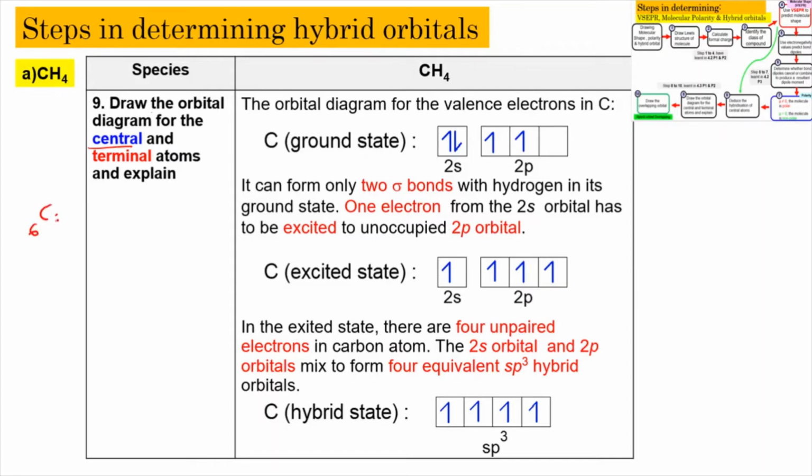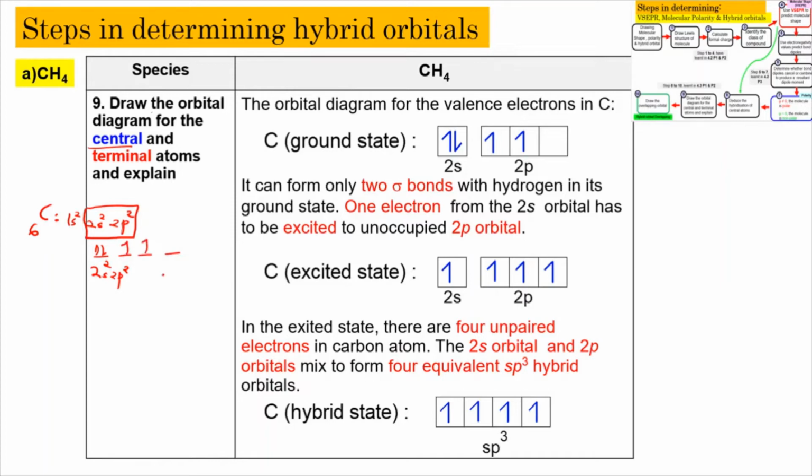So it will have a configuration of 1s2, 2s2, and then 2p2. Since we are talking about the valence electrons, we only focus on this part here: 2s2 and then 2p2. When we draw the orbital diagram at the ground state, we get 2s2 and then 2p2, something like this.